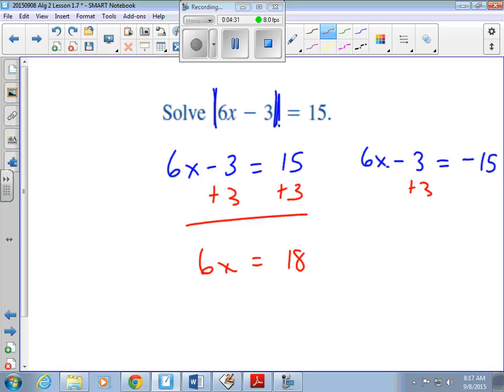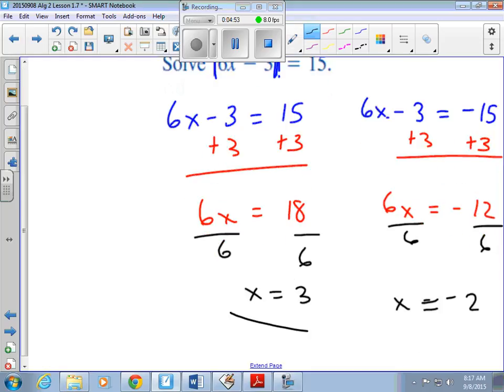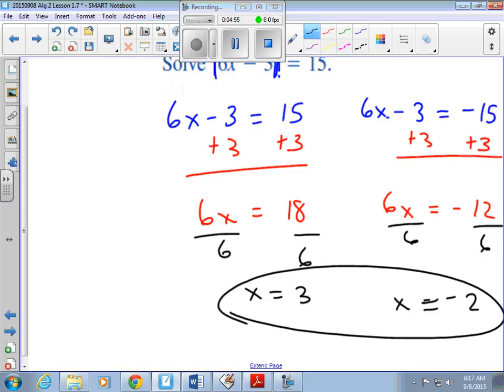Add 3 to both sides here, 6x equals negative 12. Undo 6 times by dividing by 6 on both sides. 18 divided by 6 is 3. Divide by 6 on both sides here, x is equal to negative 2. So both answers, 3 and negative 2.